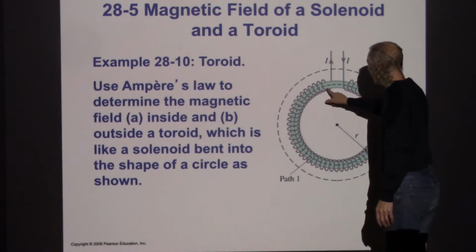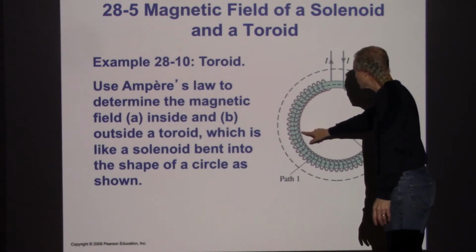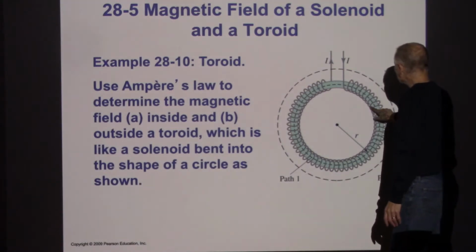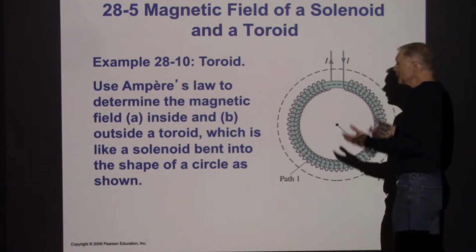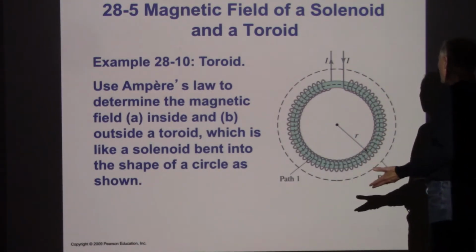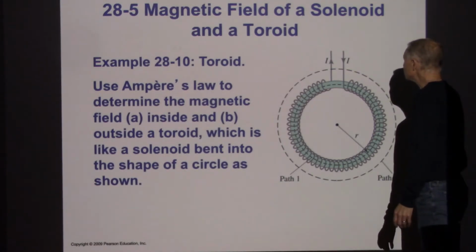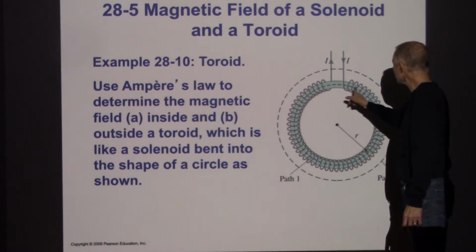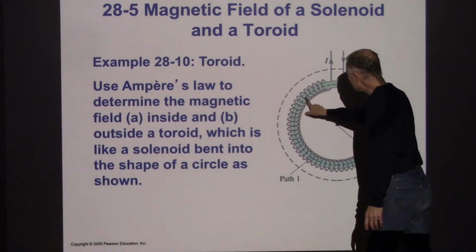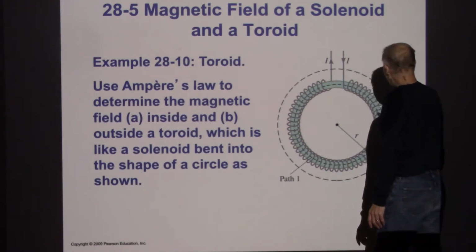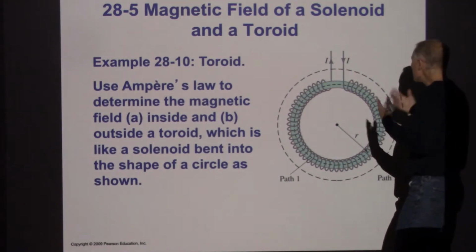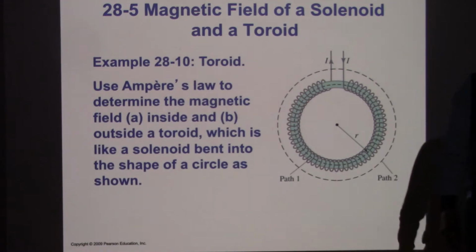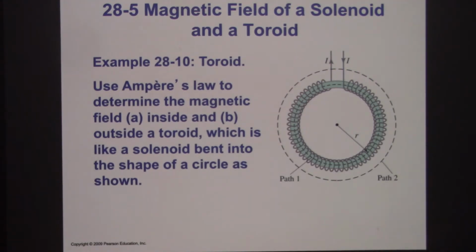But Ampere's law allows us to just count how many times the current passes through our loop. It goes through n times. Then we just find out, if I integrate this magnetic field along this path, what am I going to get? Well, the magnetic field is going to be uniform along that path.